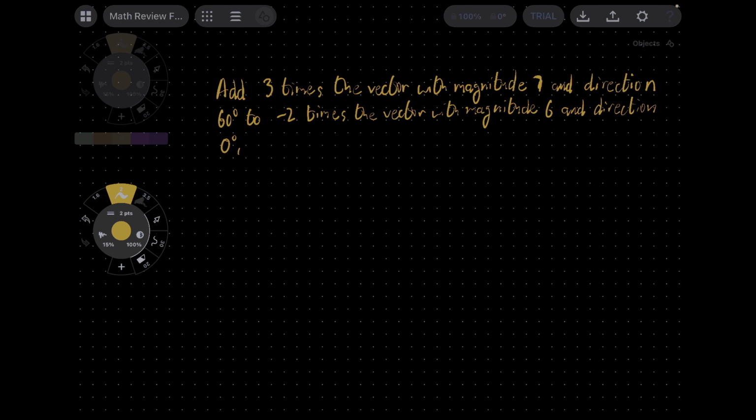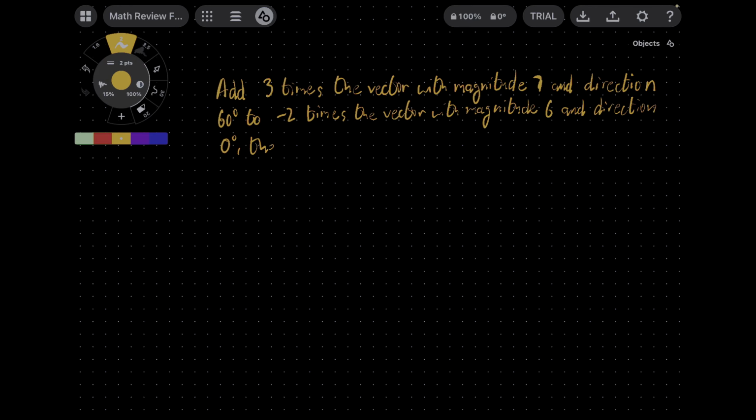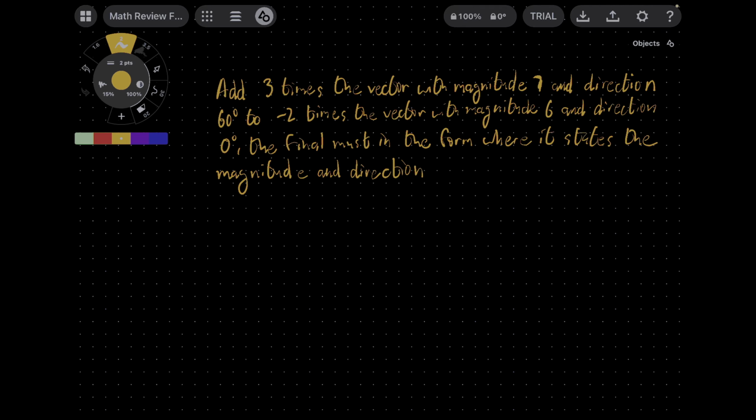And the final answer must be in the form where it states the magnitude and direction. So there we go. We'll have to do one final conversion step at the end, but it won't be too bad.